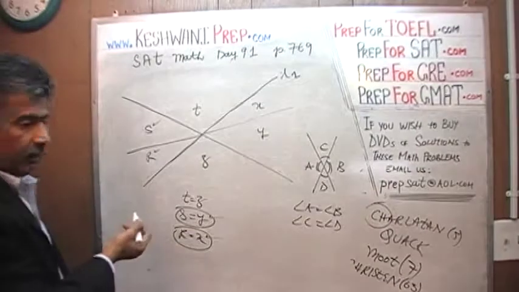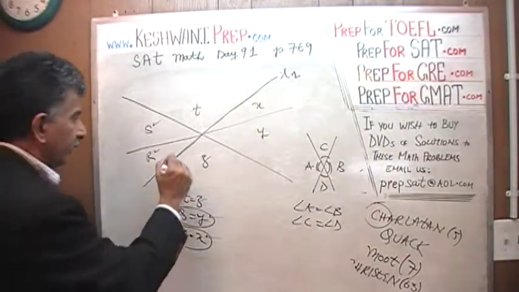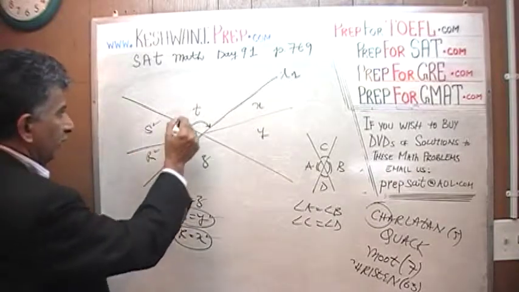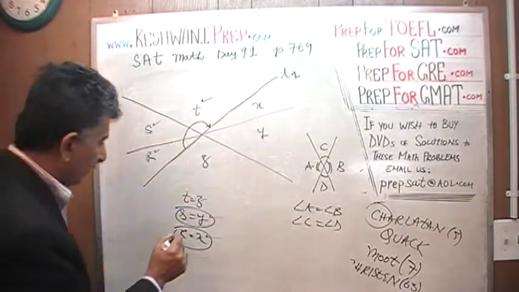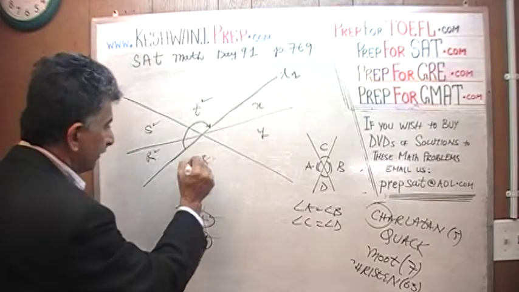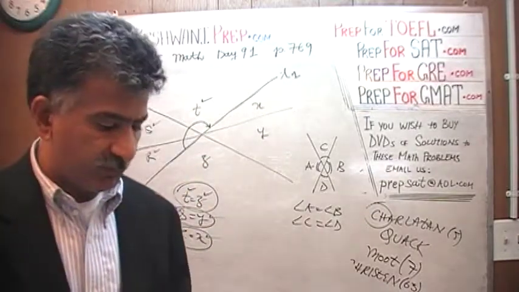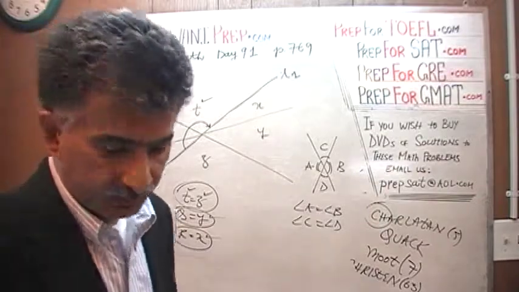On L1, the straight line always makes 180 degrees. Once we have S and R, we can figure out T, and once we know T, we can figure out Z because T and Z are equal. You see? E does the job. If we know R and S, we can figure out the other 4 angles. Let's look at the others.